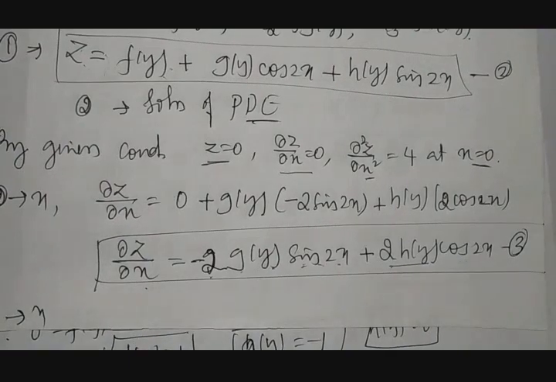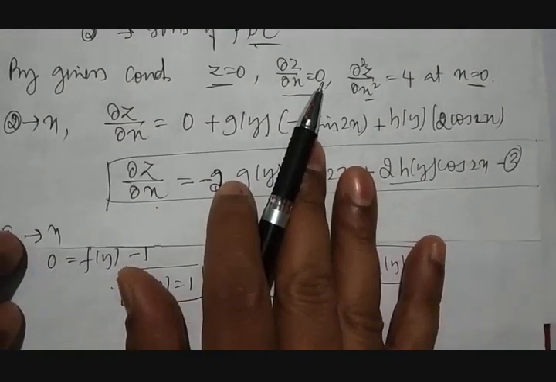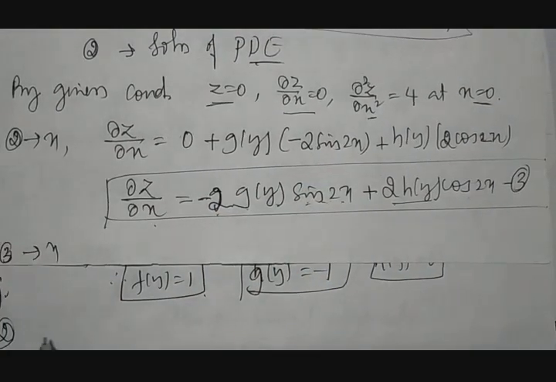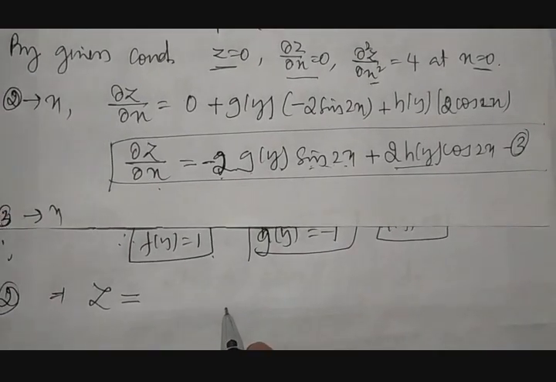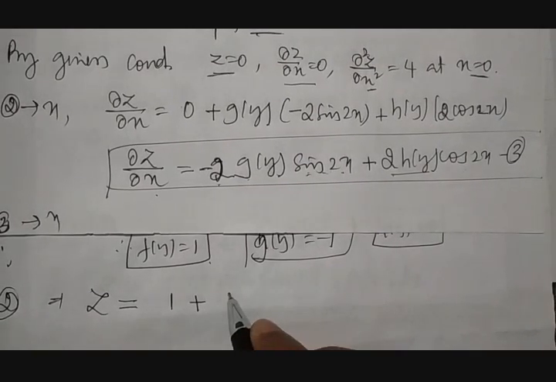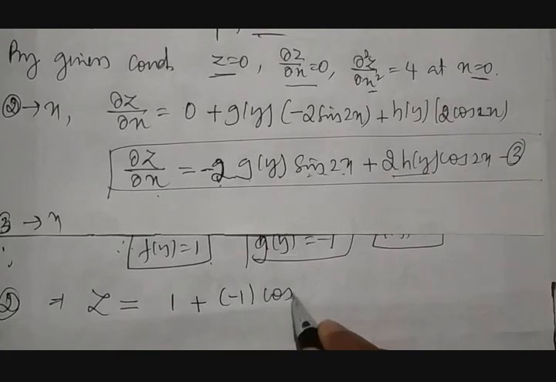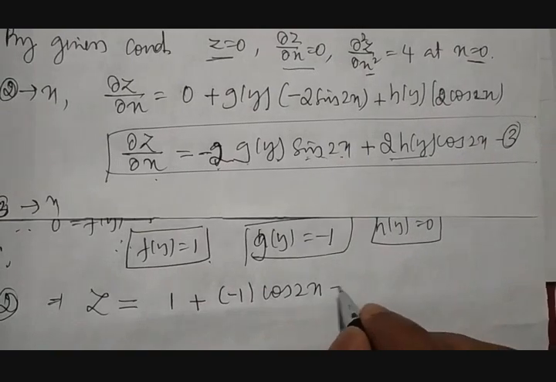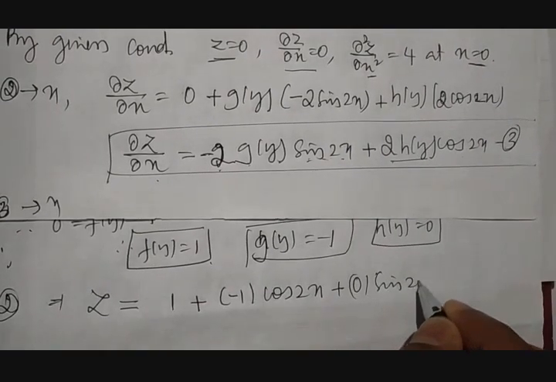If you put it in equation number 2, then what we get? z equal to f(y), which is 1, plus g(y), that is minus 1, into cos 2x, plus h(y), that is 0, into sin 2x.